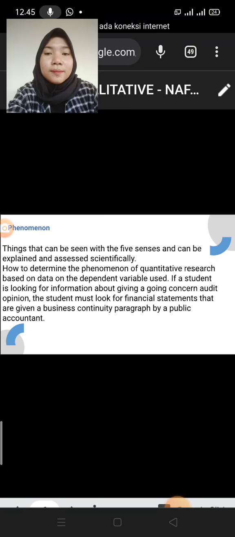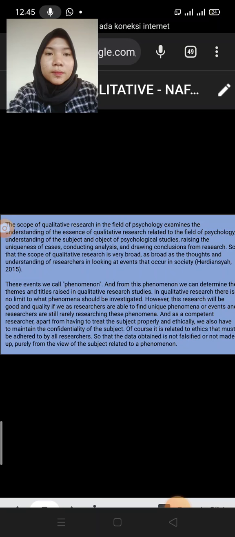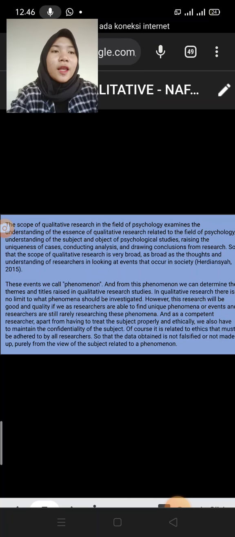Next, the scope of qualitative research in the field of psychology examines the understanding of the essence of qualitative research related to the field of psychology, understanding of the subject and object of psychological studies, raising the uniqueness of cases, conducting analysis, and drawing conclusions from research.